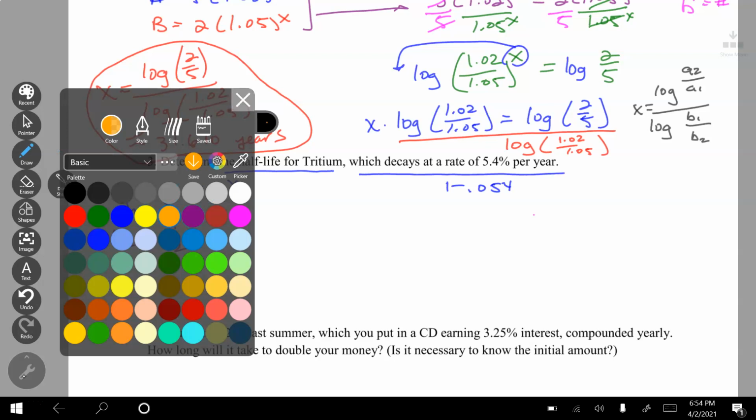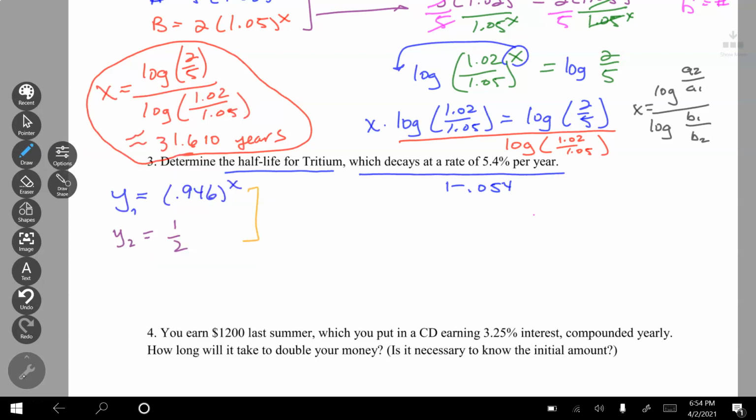Now, normally we put these in the graphing calculator and see where they intersect. Now I'm going to set them equal to each other. 0.946 raised to the x is equal to 0.5, to make my life easier instead of a fraction. I'm going to log both sides, and this x jumps up front. I get x times log of 0.946 is equal to log of 0.5.